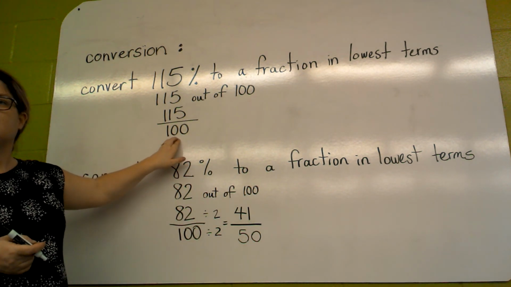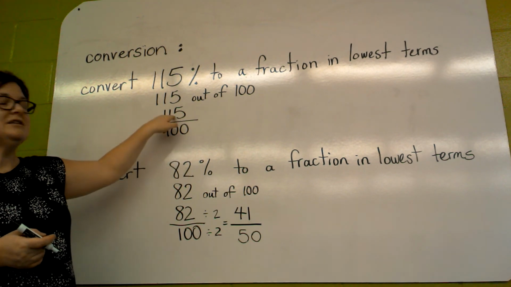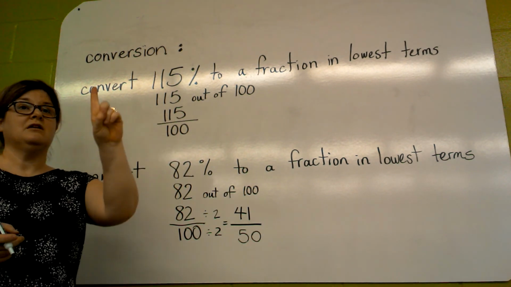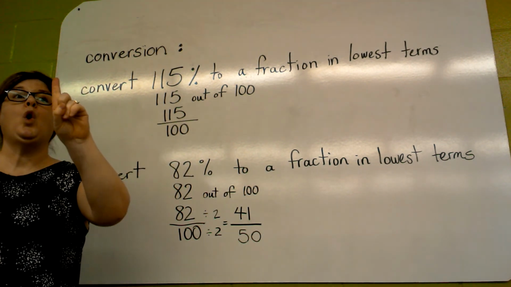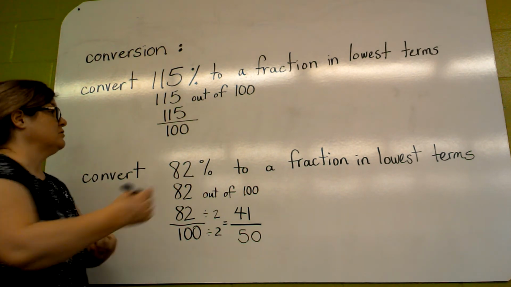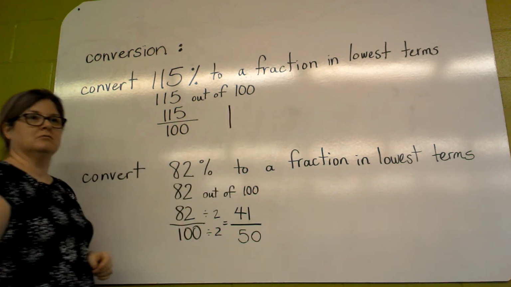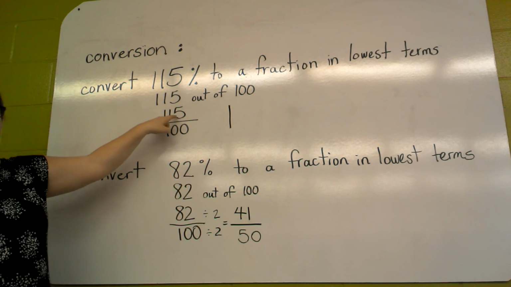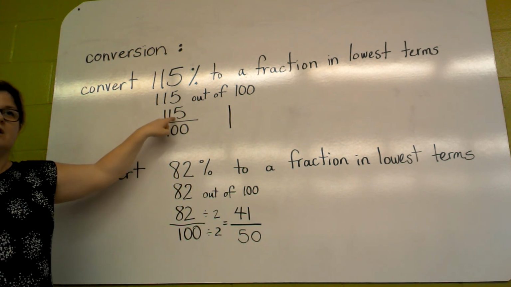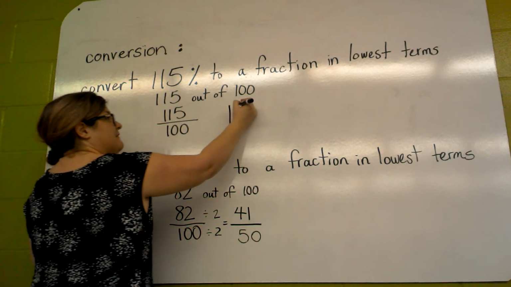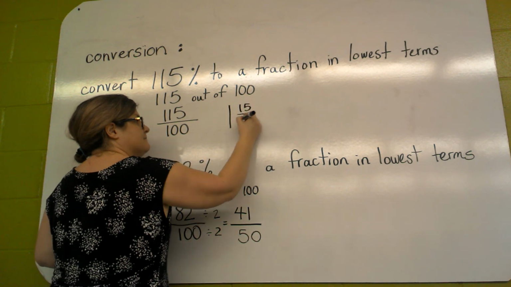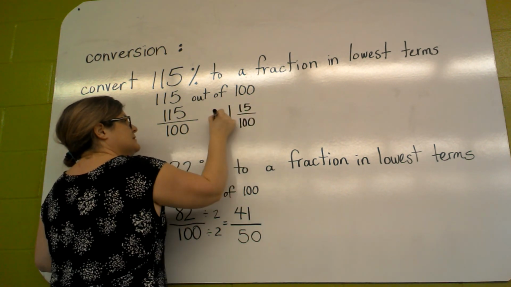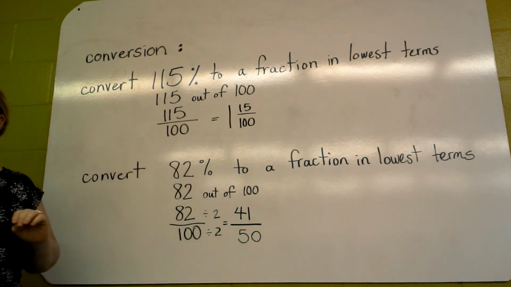Ask yourself, how many times does 100 go into the top number? It goes in one whole time. So I'm going to take 1 out. If I take 100 out of here, how many are left? 15. Still staying over the same denominator.